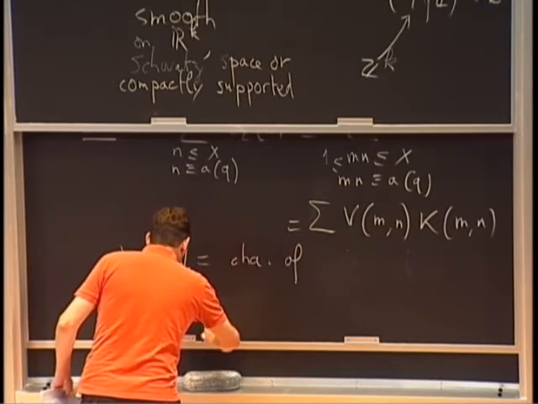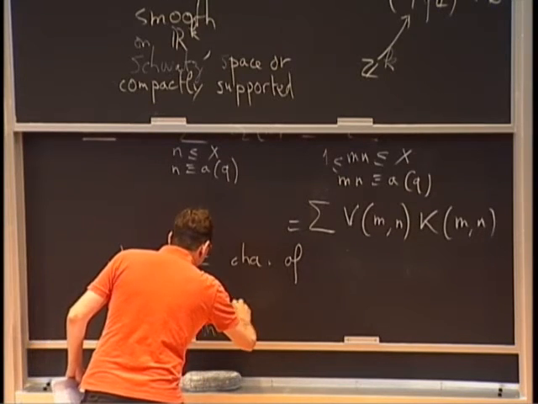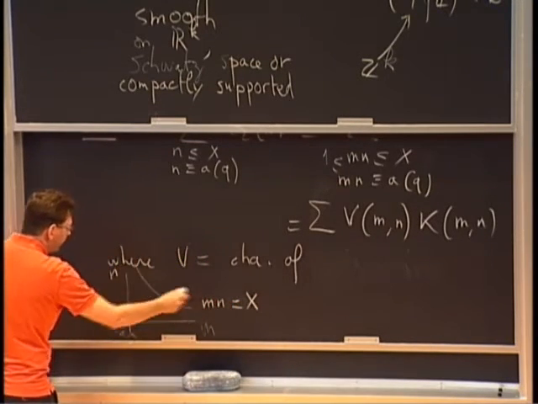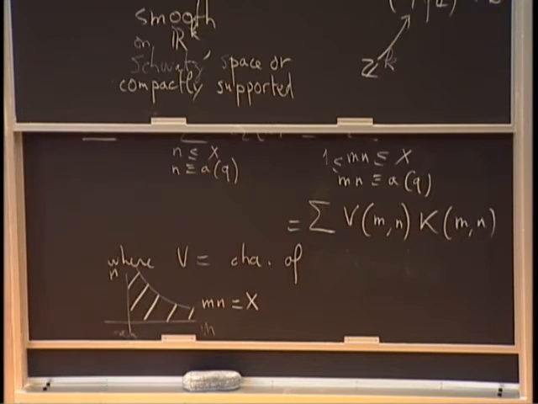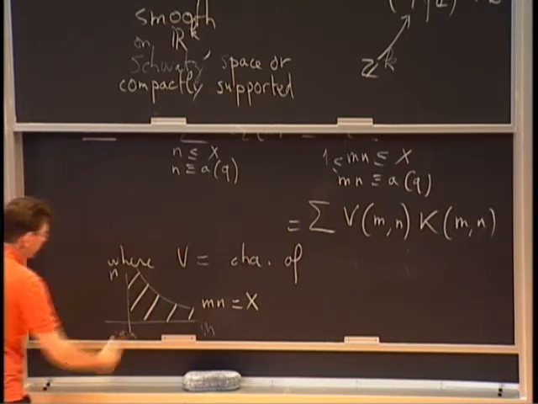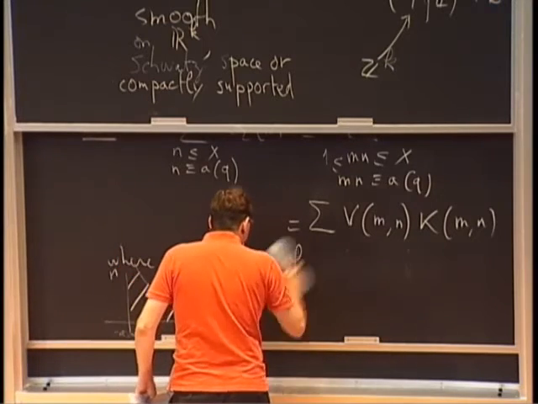Let me call M and N these variables. So MN equal to x describes the hyperbola, and we're looking at the parts of R2 in the upper quadrant below this hyperbola. So it's a characteristic function of this set.